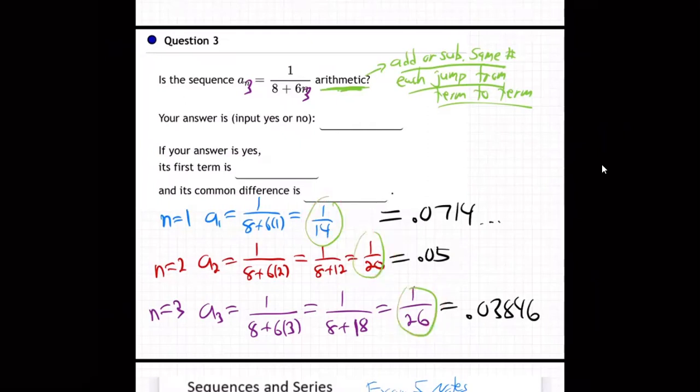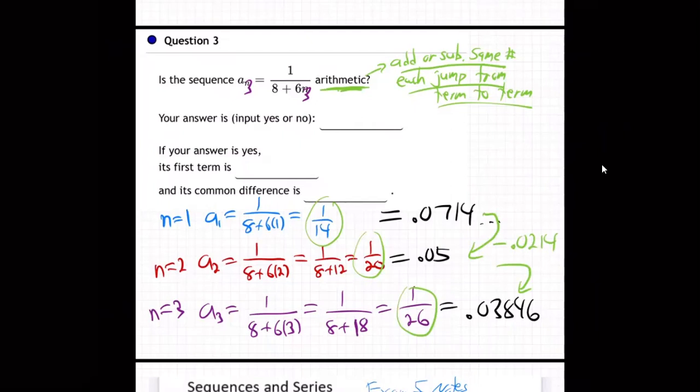So the question is, is there a consistent jump happening here? In other words, from 0.0714 to 0.05, well, it looks like you went down, if you subtract them, it went down 0.0214. But from here to here, well, I don't know, did it? Did it go down?